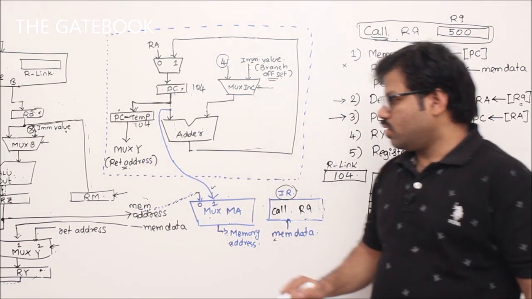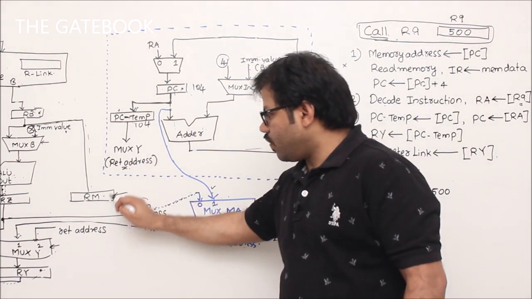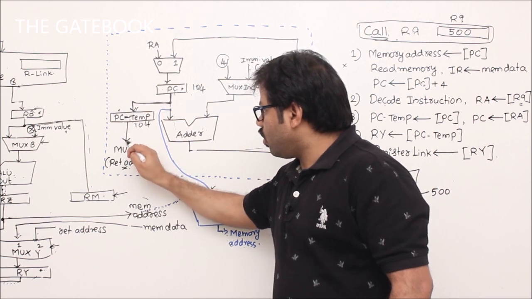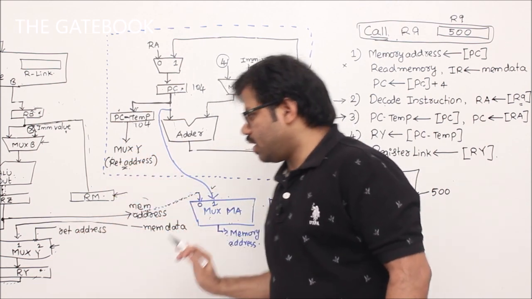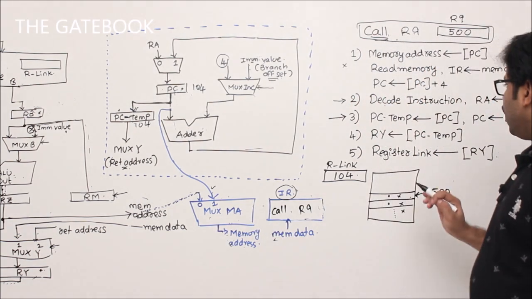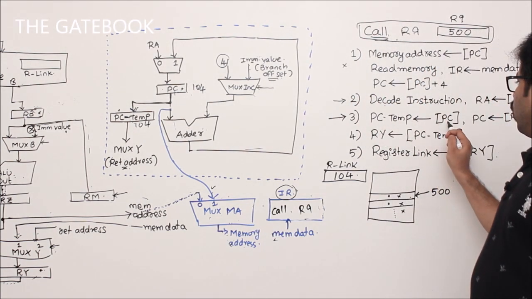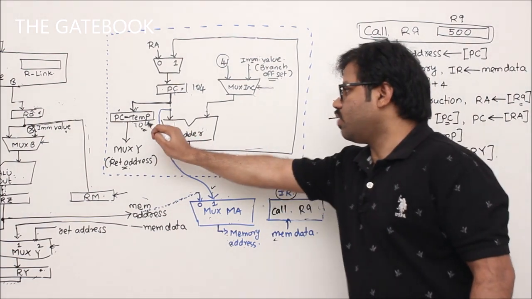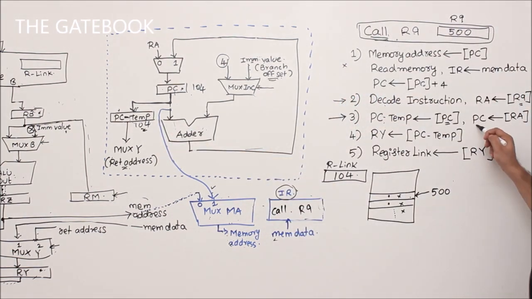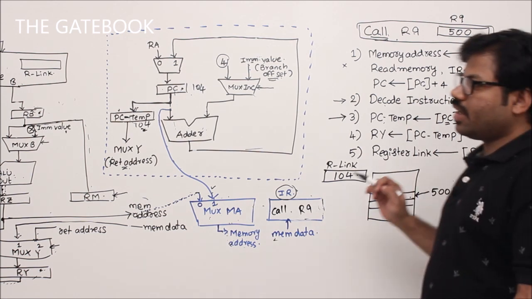Now that is connected to the return address. Remember it. So this program counter temp is connected to this return address. Now simply the program counter's value will be stored in program counter temp. Yes, so that is 104. You remember that. In the third stage, the other thing we are doing is that program counter is loaded with RA. So what is RA, sir?